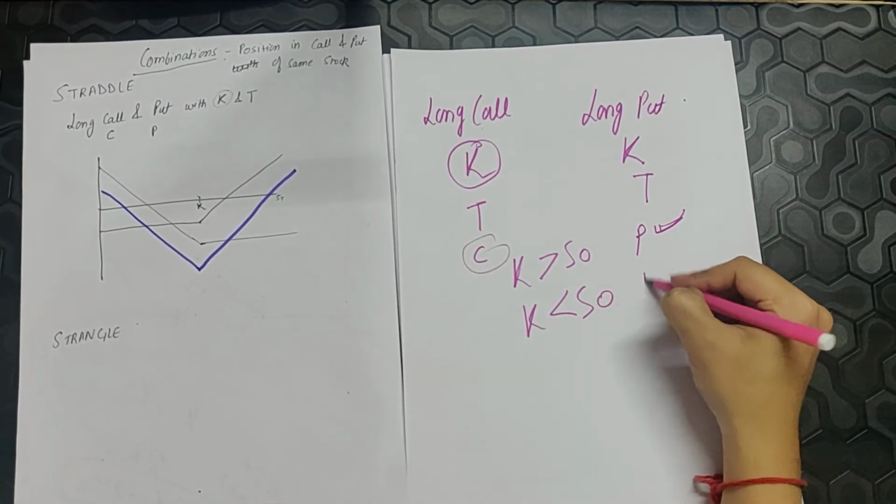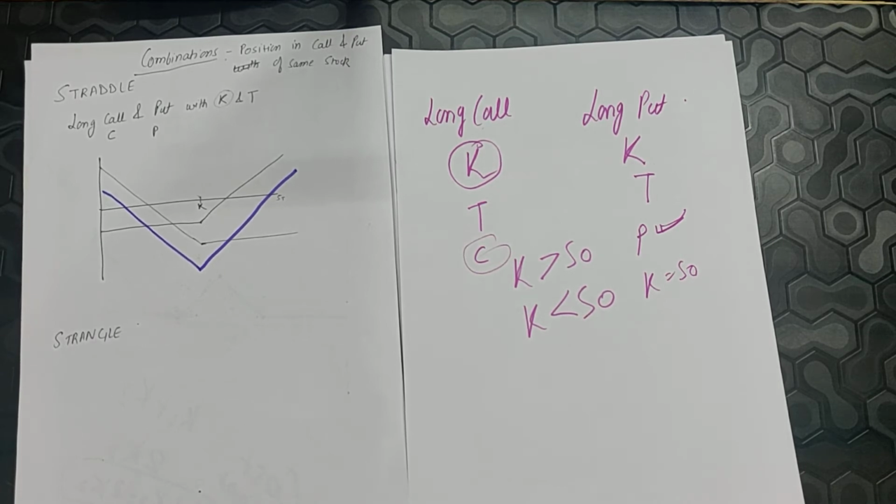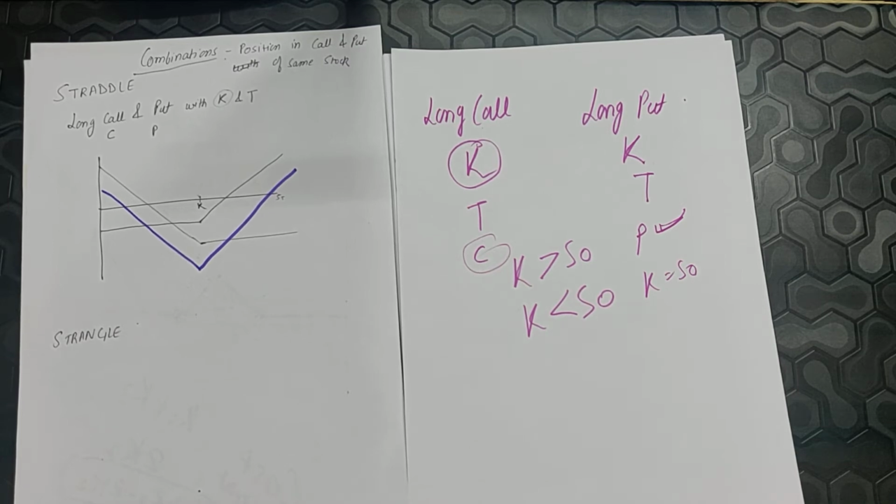And if K is equal to S0 at the time of buying the options, then we'll look at other factors that might be affecting the C or P, and it might be possible that C and P are equal.